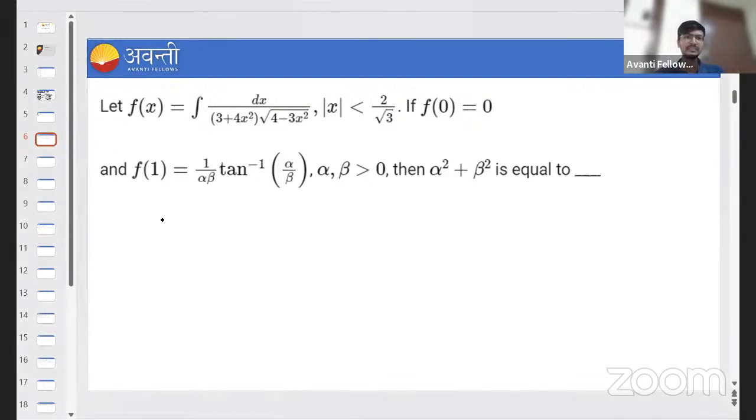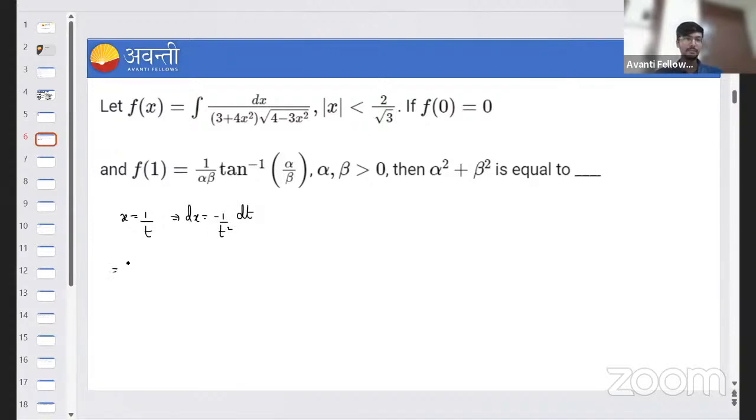Let's see. This is a standard integration. So I think we use the substitution x equals 1 by t. That means dx will be equal to minus 1 by t square dt.